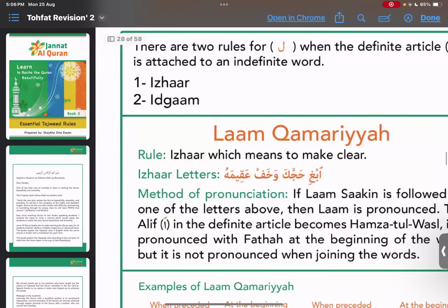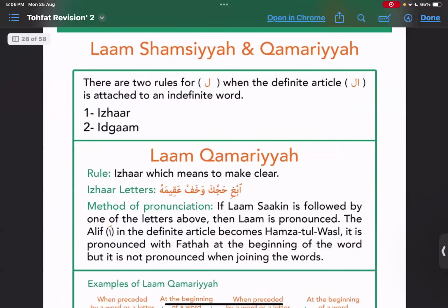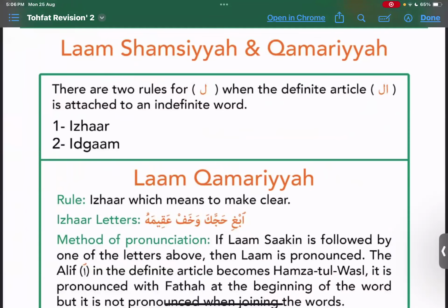Bismillah. Okay. The rules of Lam Shamsiya and Qamariya. Now, what is Al? Al, Alif Lam, in the Arabic language is what we call the definite article. It is something that precedes an indefinite word, such as to clarify it.